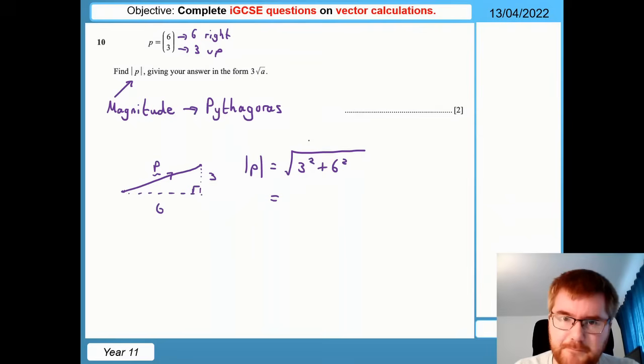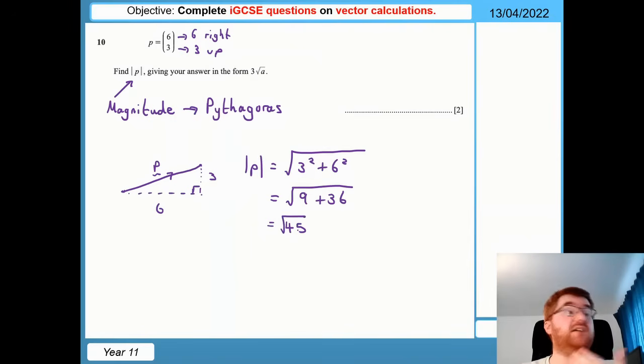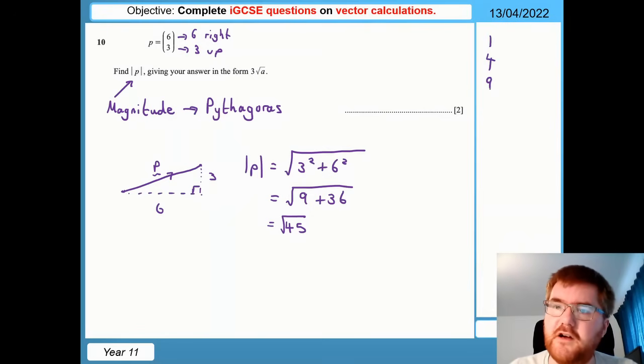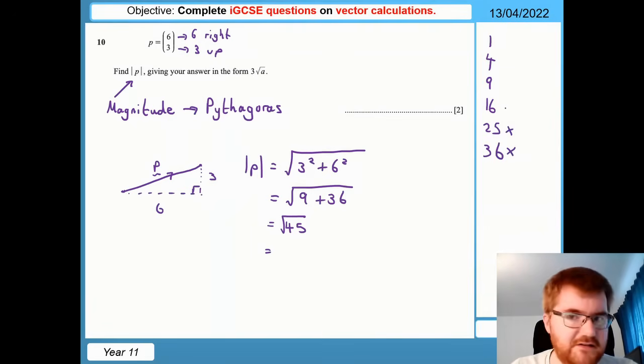Let's work this out though. So we've got the 3 squared, which is 9. 6 squared is 36. 36 plus 9 is equal to the square root of 45. And this is where our simplifying surds come in for the second mark. So we're looking for square numbers 1, 4, 9, 16, 25, 36, any of these that fit into 45. Okay, well 36 doesn't, 25 doesn't, 16 doesn't, 9 does.